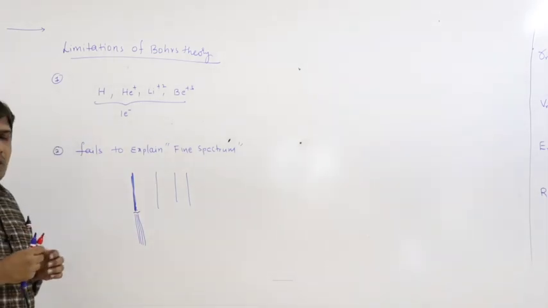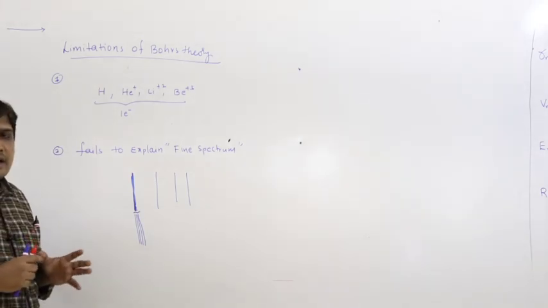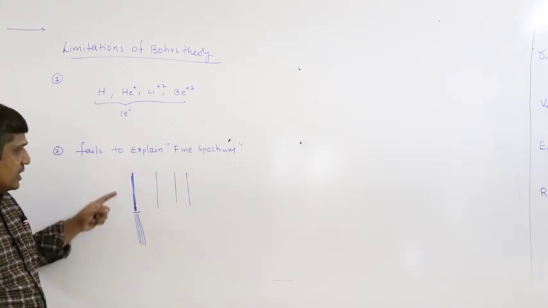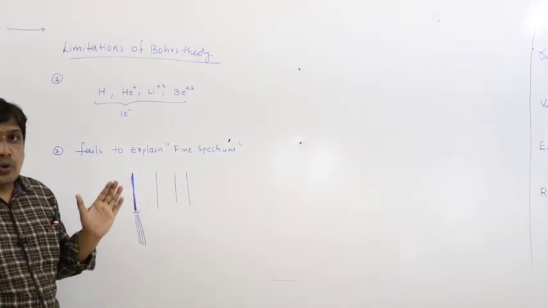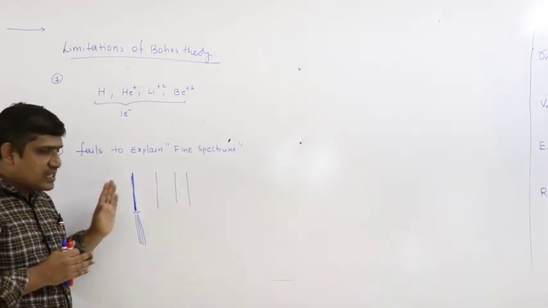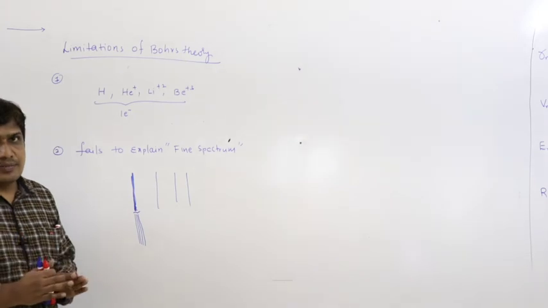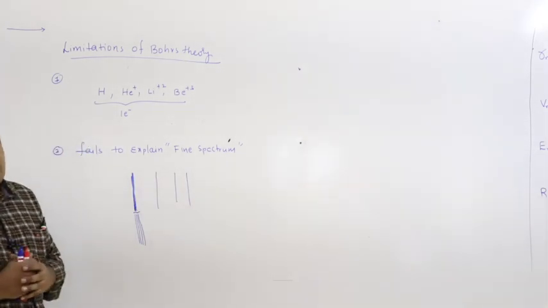Once again, when you observe the line spectrum of hydrogen under a high resolving spectroscope, it is found that each line consists of a group of closely spaced lines. That means it is not a single line. This spectrum we call the fine spectrum of hydrogen.